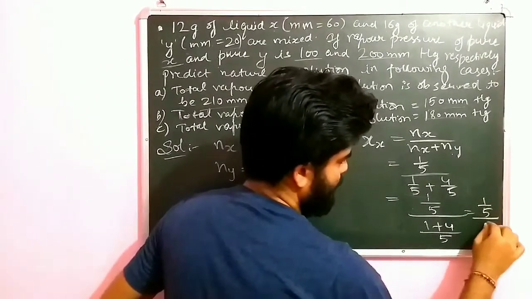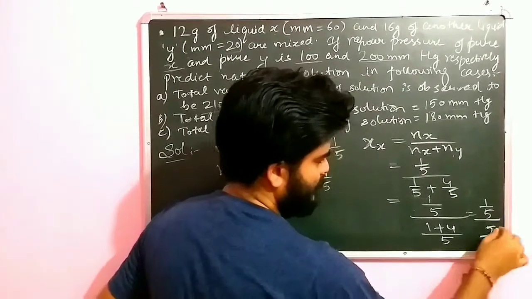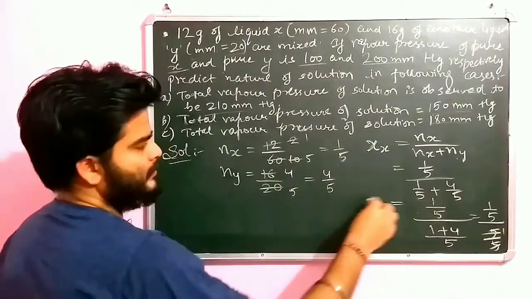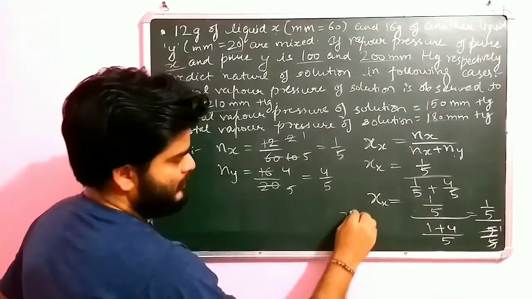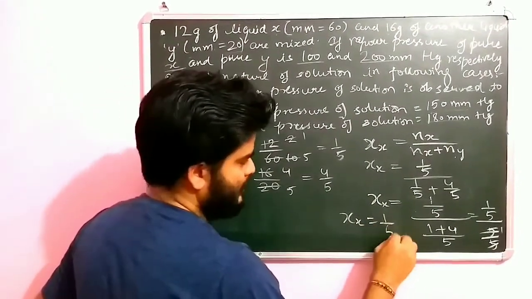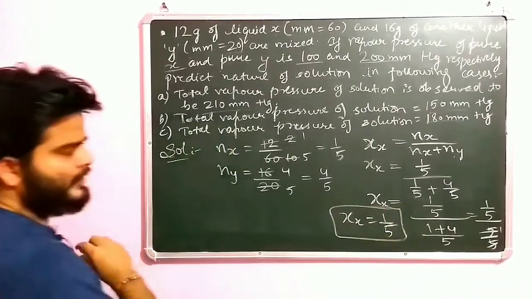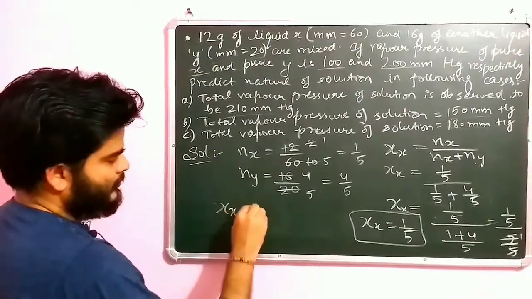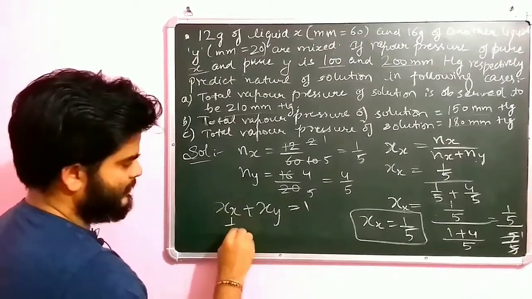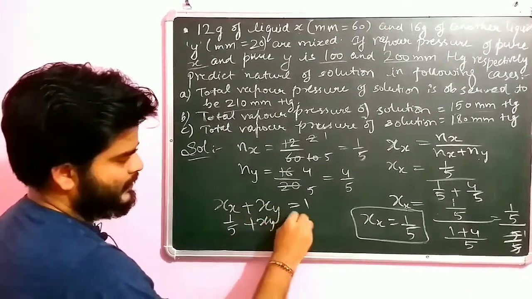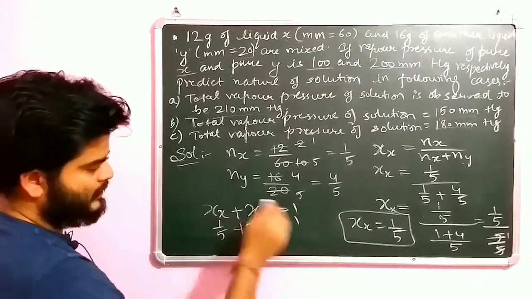So mole fraction of X comes out to be 1 by 5. Mole fraction of X plus mole fraction of Y is 1. This is 1 by 5 plus mole fraction of Y is equal to 1.